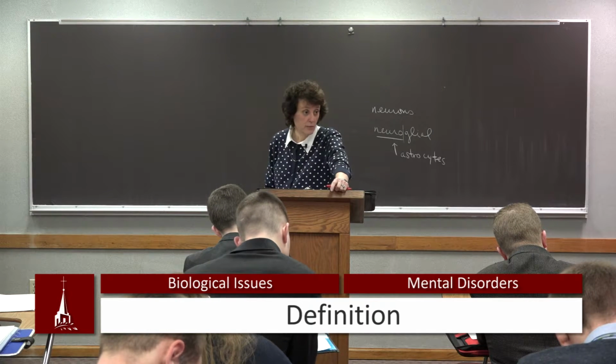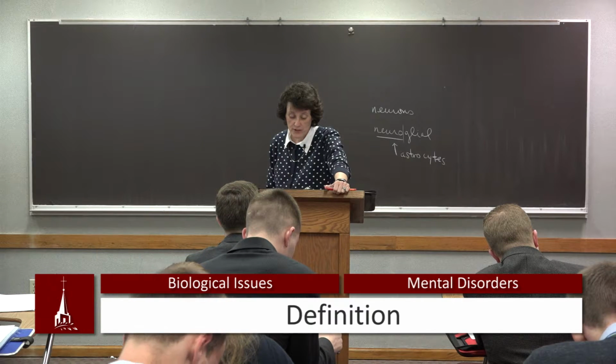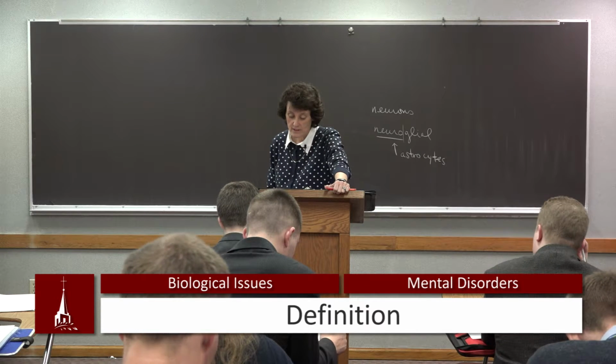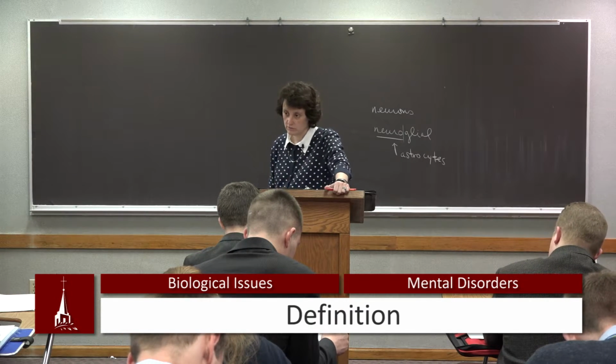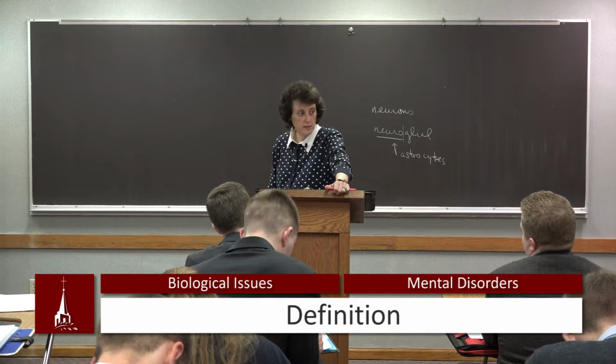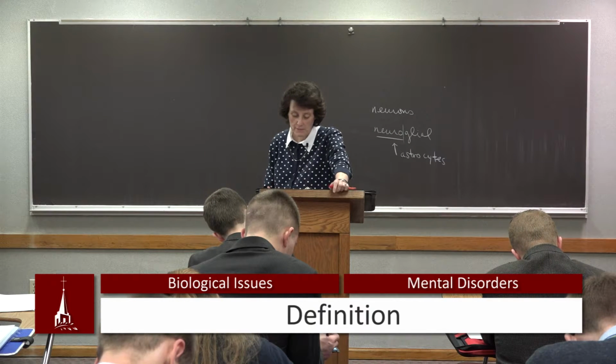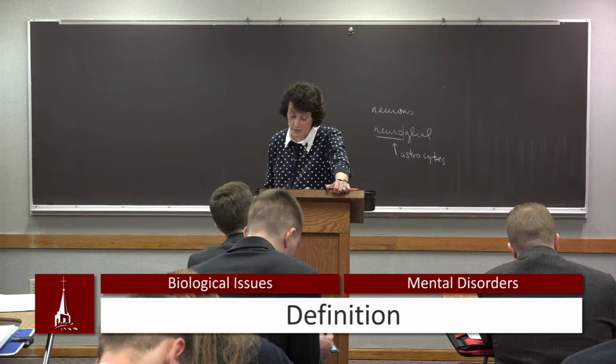And I do like the rest of their definition. It causes mild to severe disturbances. So a mental disorder, I'm not going to call it a disease, is a disorder of the mind. Maybe it can be linked to a disease of the brain, maybe not.